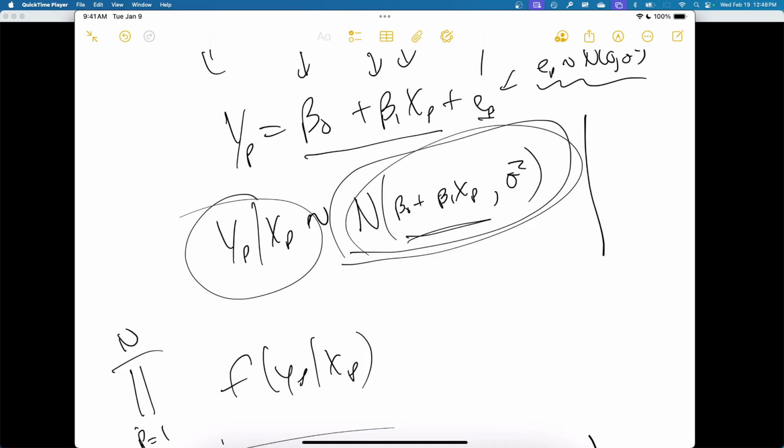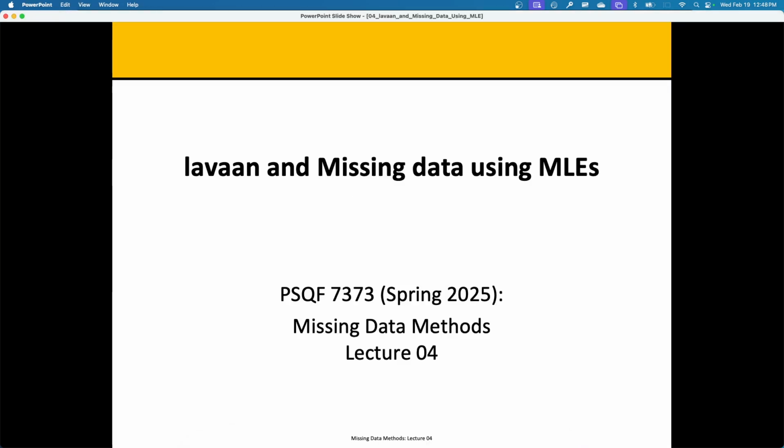That is the key to why maximum likelihood works with missing data: you're not throwing away all the data, you're retaining the observations you do have and adapting your distribution to fit those rather than omitting them altogether. Does that sound okay? Did that come through in the chapter? I hope so. So that's today.